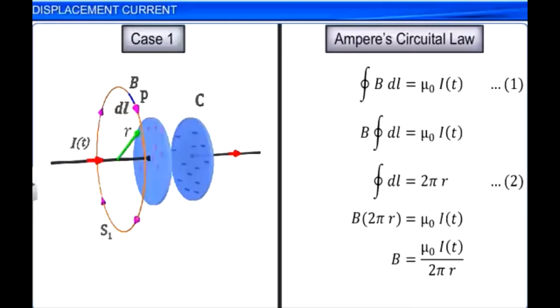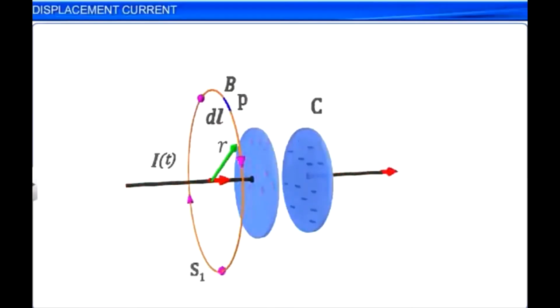Using equation 3, we can calculate the magnitude of the magnetic induction at any point on the circumference of the circular loop S1. Now, as a second case, consider another surface to calculate the magnitude of the magnetic field at the same point P using Ampere's law.